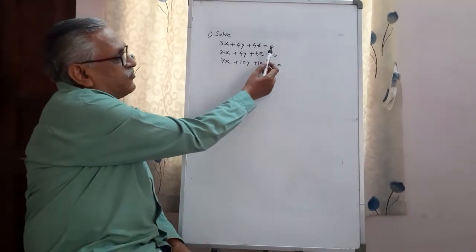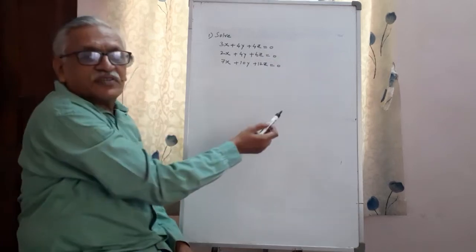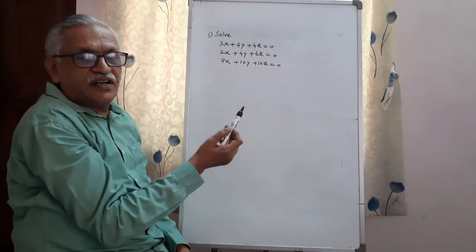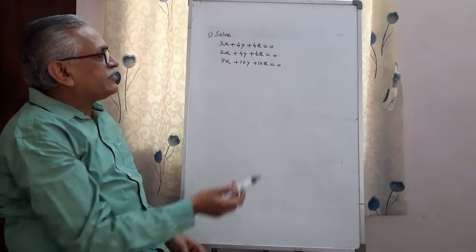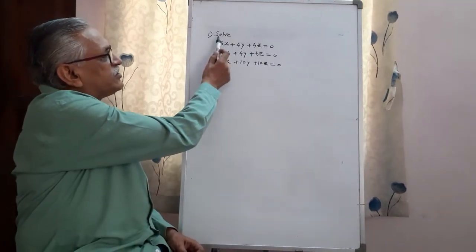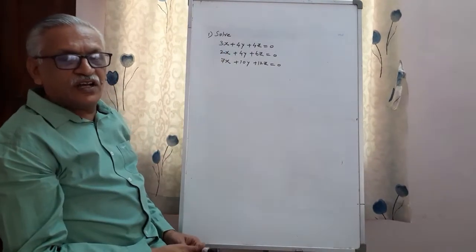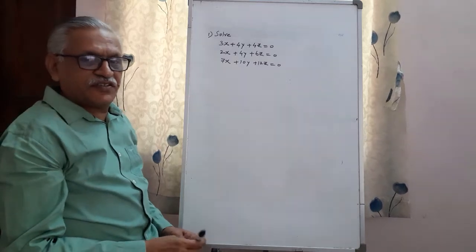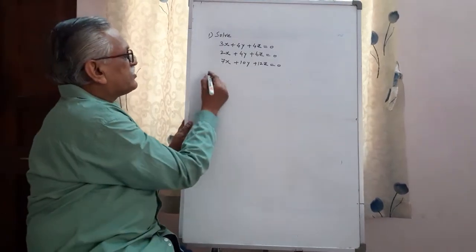If you observe carefully, as the right hand side terms are all 0, its type is homogeneous, and as it's homogeneous, the nature of the question is only to solve it. No need to check the consistency. It is always consistent.